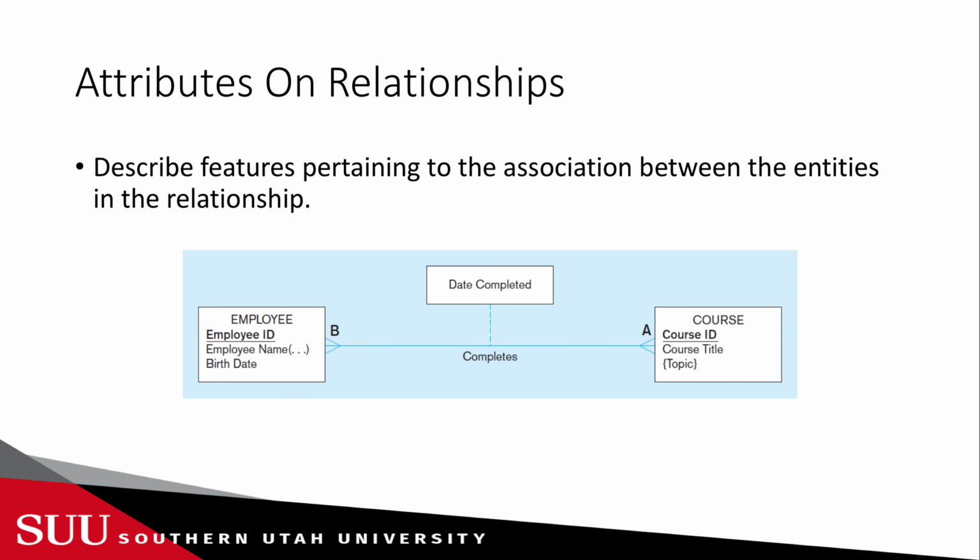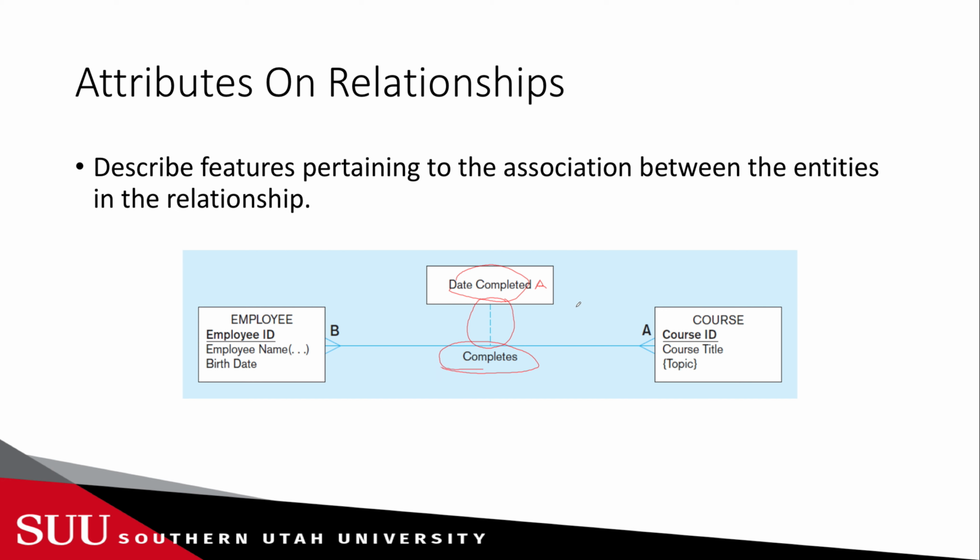So I will have a dotted line. Remember, it has to be a dotted line to tell me that this, in fact, is showing the attribute on this relationship, and this is not a three-way or a ternary relationship. So this is going to be an attribute. And is it an attribute of course or employee? It's not an attribute of any of them. It's an attribute of the relationship.